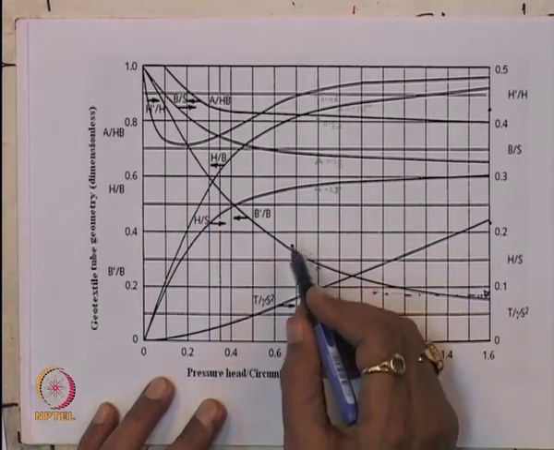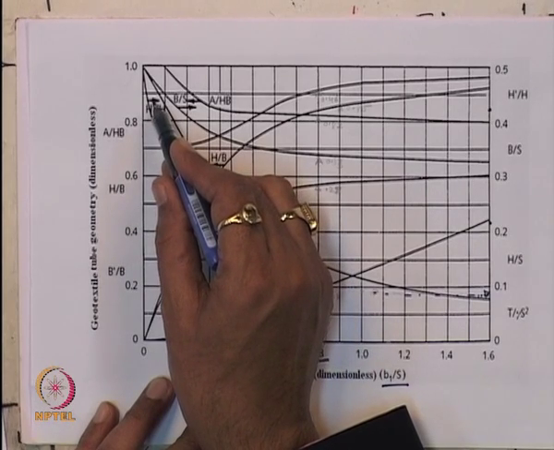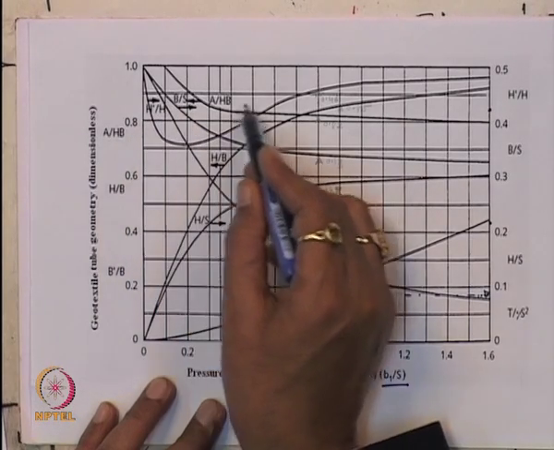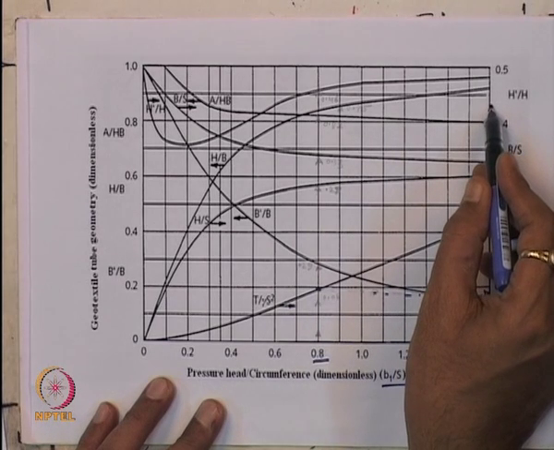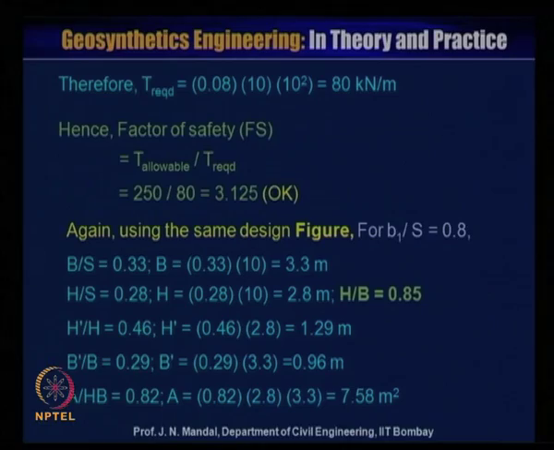H dash by H, you can move here, so you can have 0.46, that means H dash will be 0.46 into H, which is 2.8, that will be 1.29 meter.